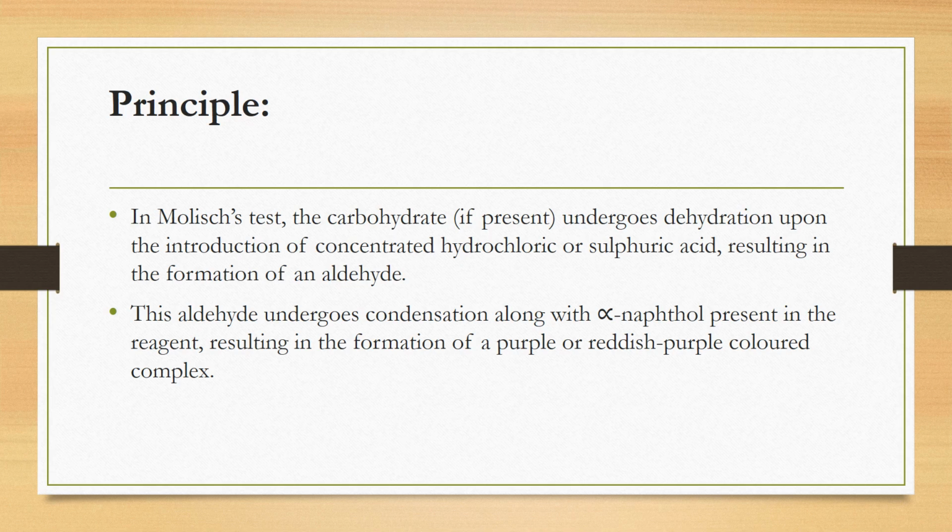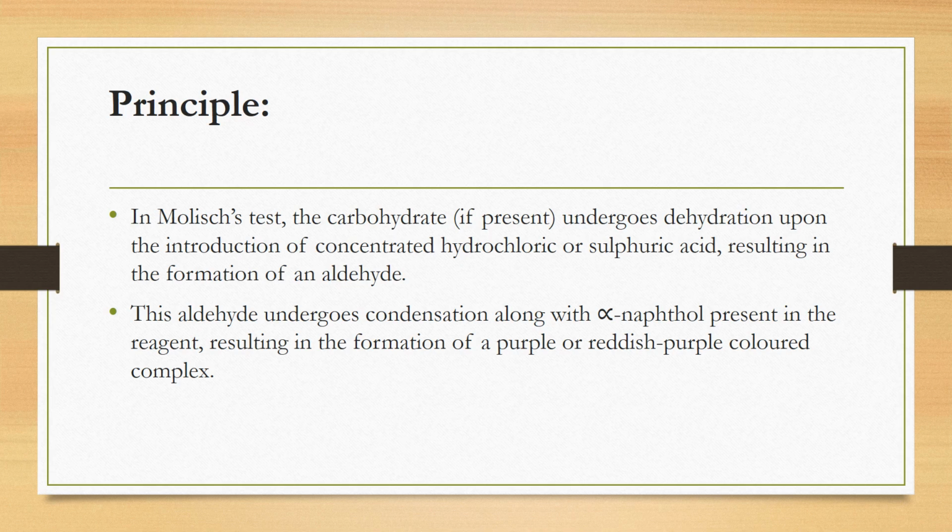As you know, sulfuric acid dehydrates carbohydrate, that means it takes the water from substances, resulting in the formation of an aldehyde. This is the equation, or the illustration of what happens.